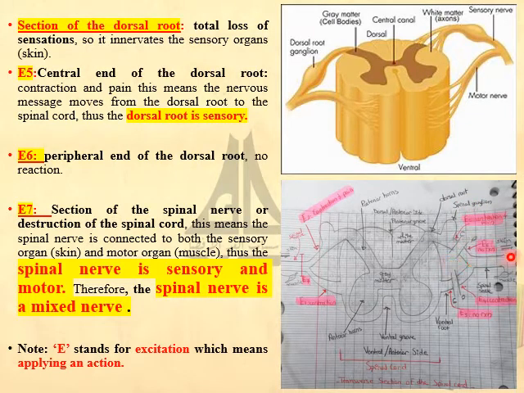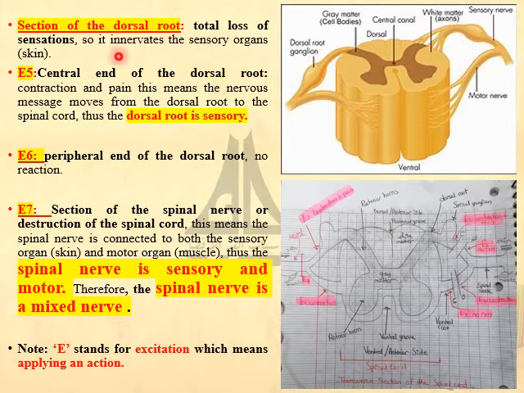So the sensory messages were not able to pass through the dorsal root in order to feel pain and to ensure the sensations work. So from the beginning, he was able to conclude that the dorsal root innervates the sensory organs. What do you mean by innervates? It is connected. It receives the messages from the sensory organs.